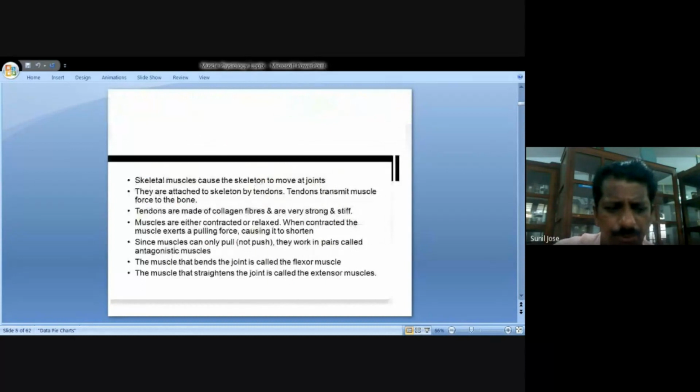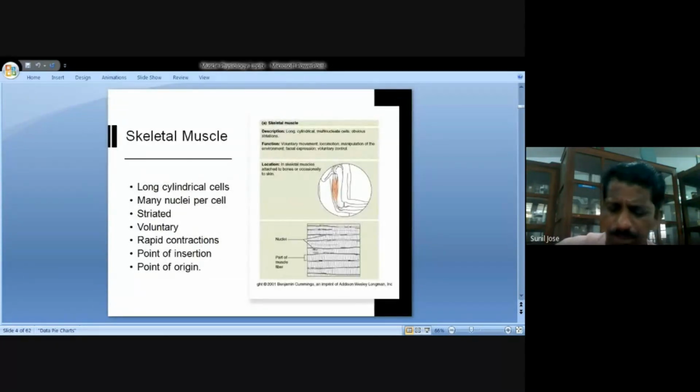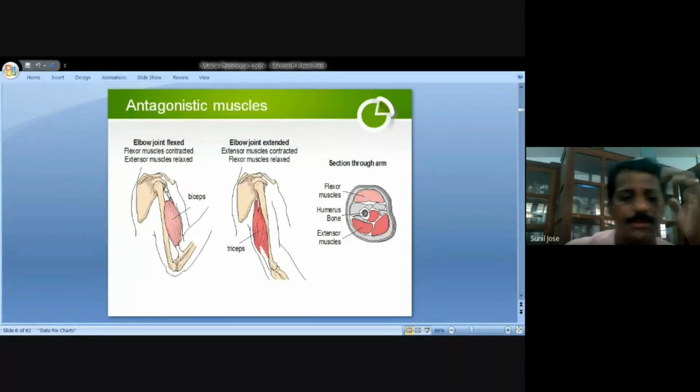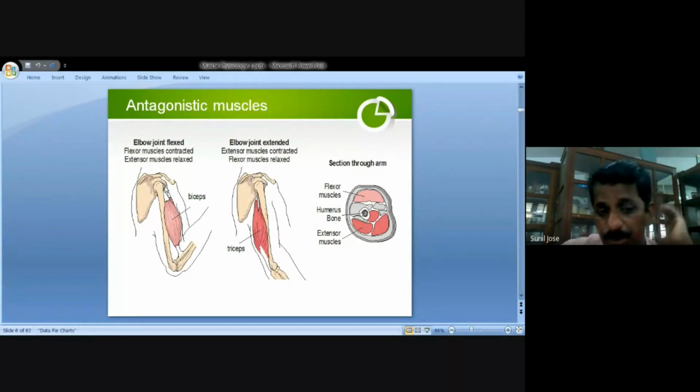In this bicep muscle, the part of the muscle that is nearer to the body is known as the point of origin, and the part that is further from the body will be known as the point of insertion.